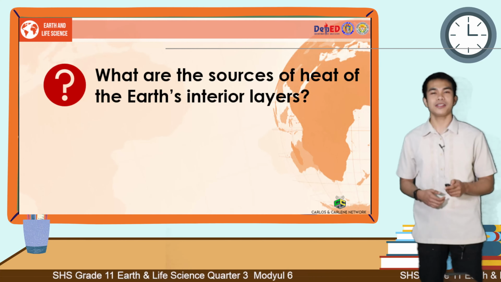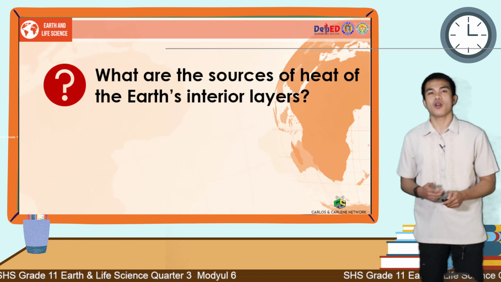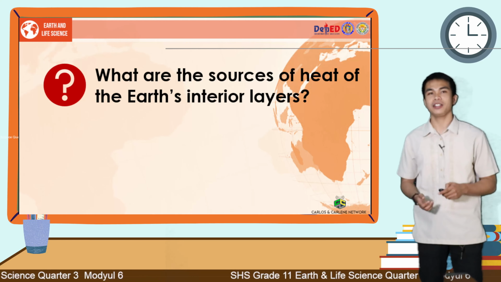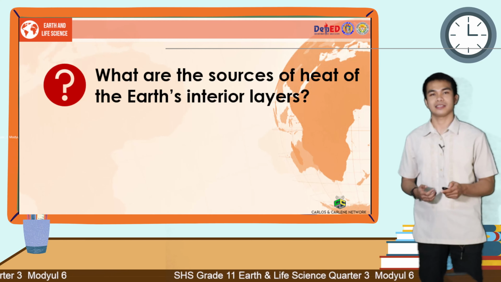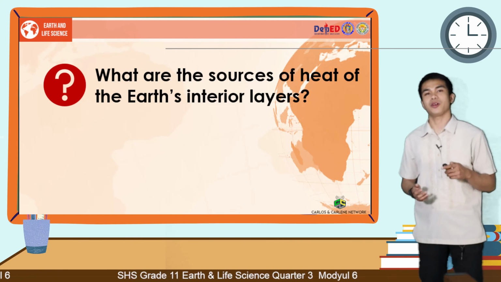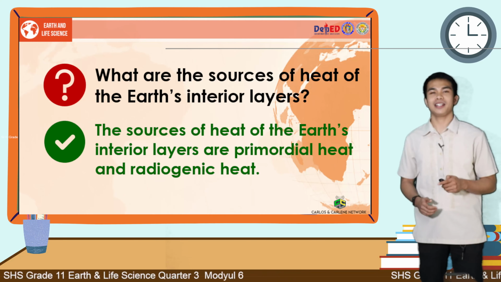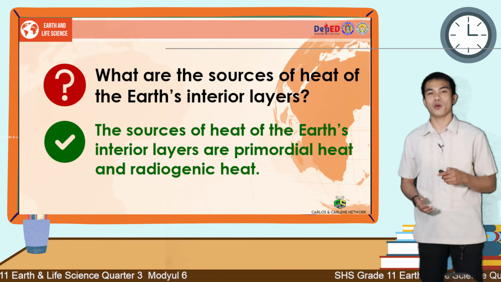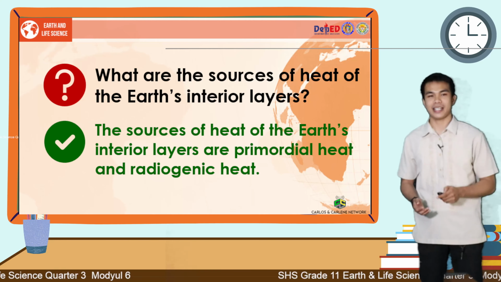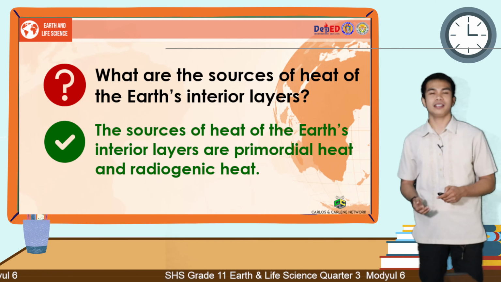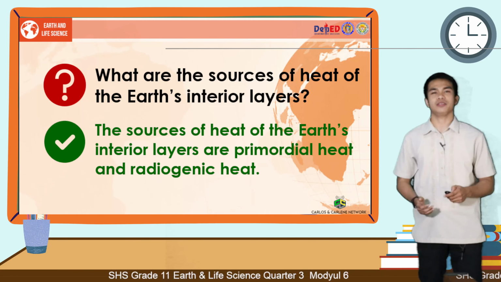Okay, let us now answer our previous question. What are the sources of heat of the Earth's interior layers? Alright, so the sources of heat of the Earth's interior layers are primordial heat and radiogenic heat. With all of these things we have learned about Earth's internal heat, there's still a question.